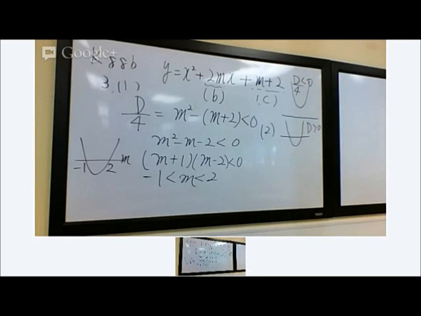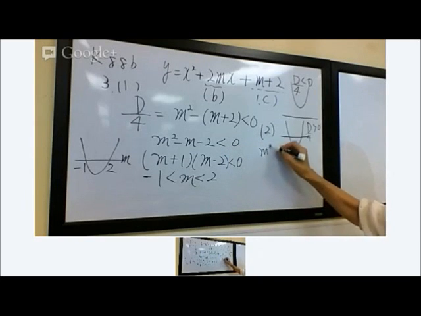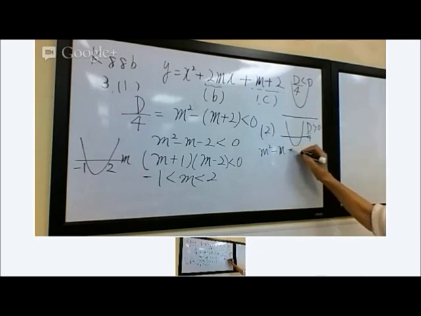Okay. Number 2. Now we need to have two different points, which means D is greater than 0, or D over 4 is greater than 0. What is different is the direction of the inequality sign. Now, greater than 0. So this one, I use this one, right? M squared minus M minus 2 greater than 0.